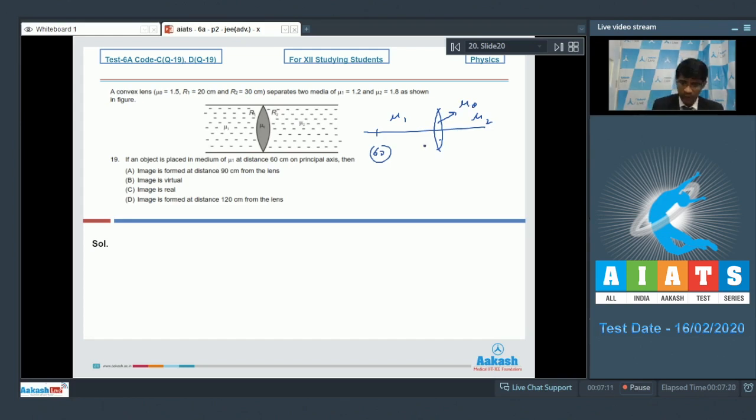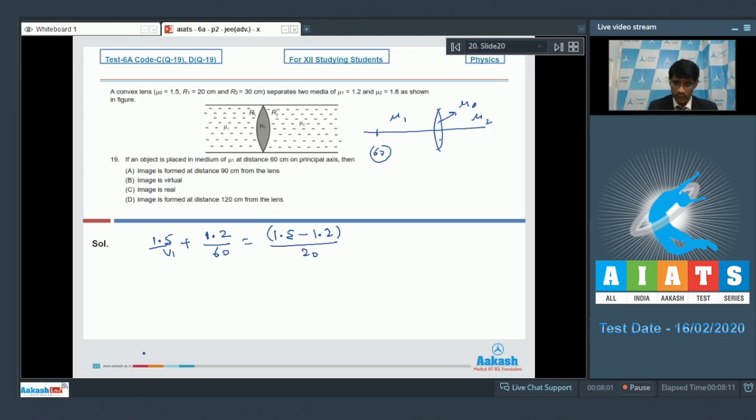For this calculation, since object distance is 60, we start with mu naught divided by v1, that is 1.5 by v1, minus mu1 by u. Mu1 was 1.2, and u was minus 60. This equals 1.5 minus 1.2 divided by R1, which was 20.